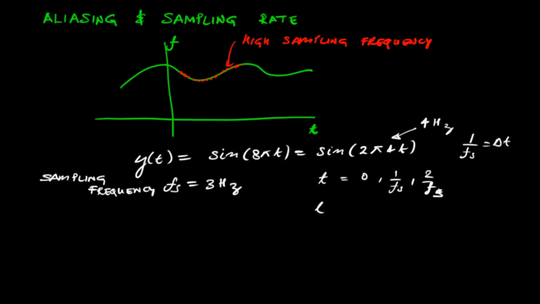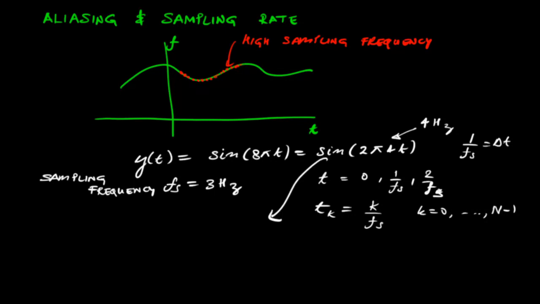So we are acquiring the data at t subscript k, where tk is given by k over Fs, and k goes from 0 to capital N minus 1, because the signal has been sampled at N total points.